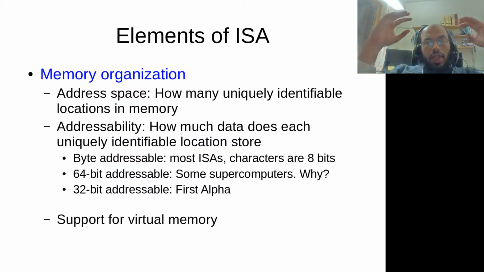The first one is the address space, which is basically how large the memory that the machine can handle, how many uniquely identifiable locations in memory you can handle, and that's basically your 64-bit processor versus your 32-bit processor partially. That is defined by how many bits you have for addressing locations in memory, but not just that.